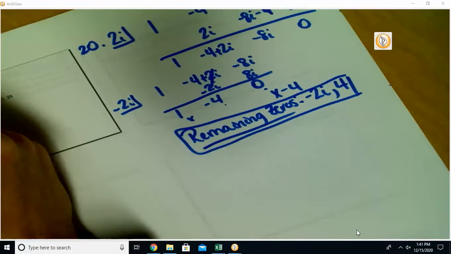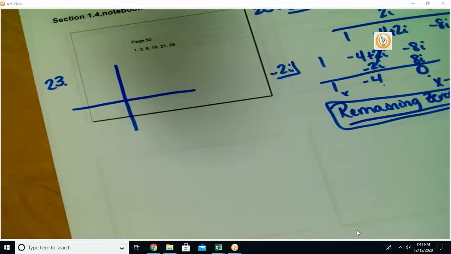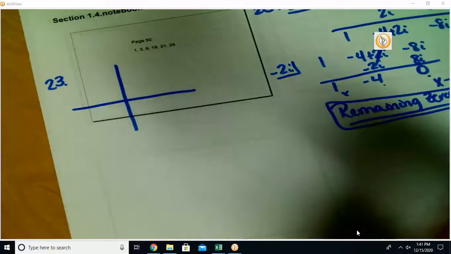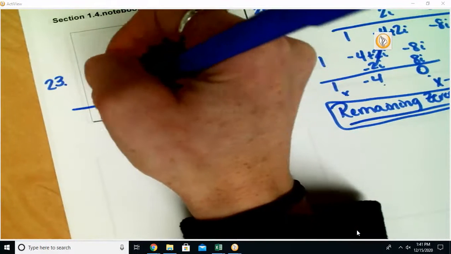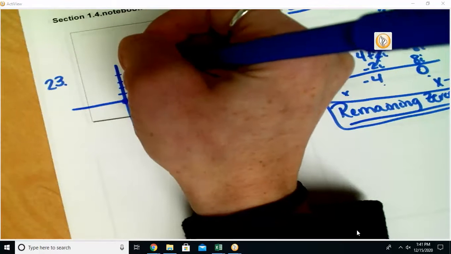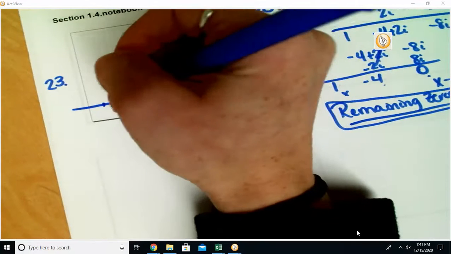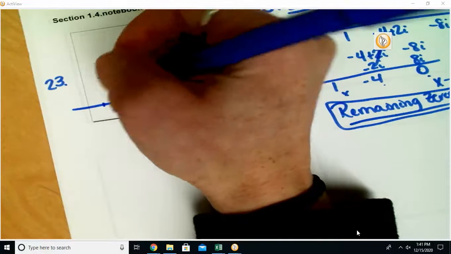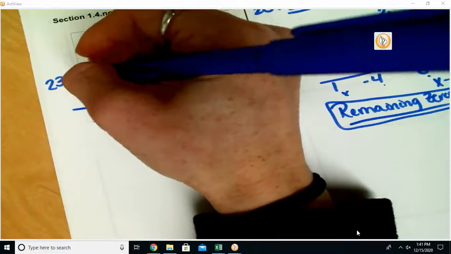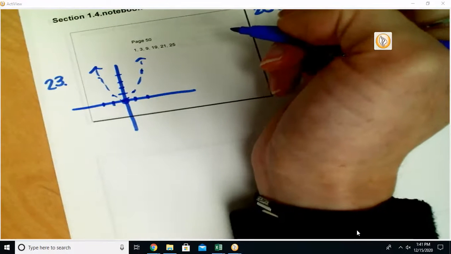23 is asking you to graph, so you have to start with your parent function. It was an x squared, so 0 squared is 0, 1, 1, 2, 4, negative 1, 1, negative 2, 4. And then, what's my transformation here?